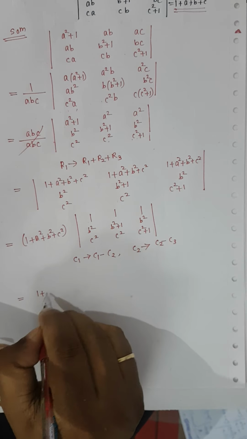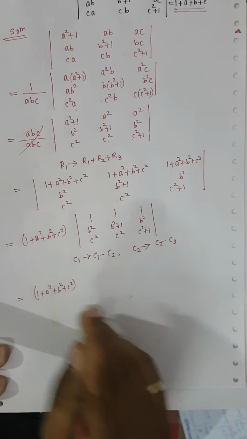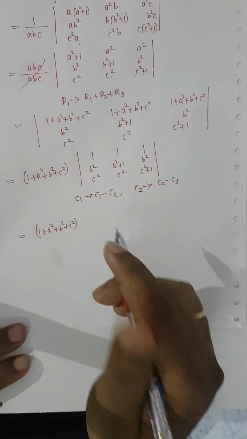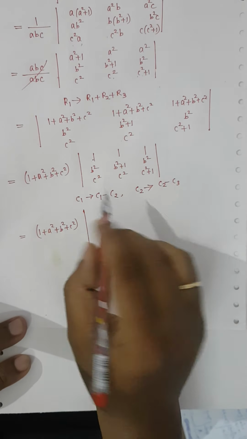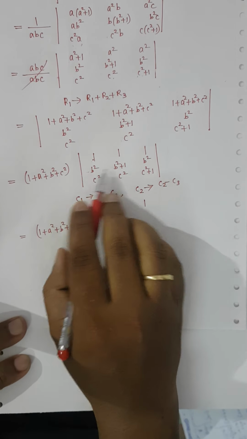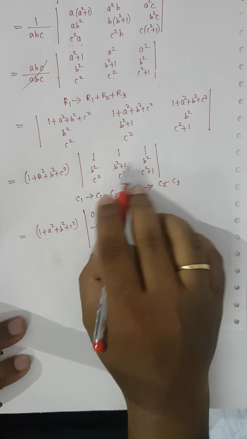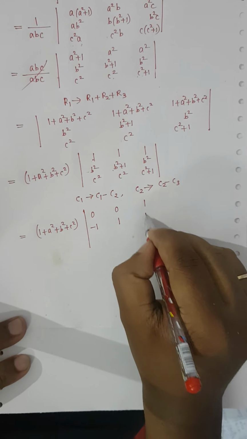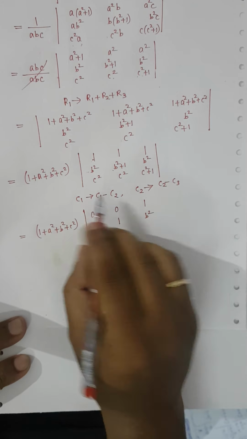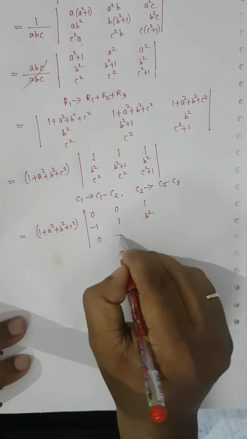So I am getting 1 plus a square plus b square plus c square multiplied by the determinant: 1 minus 1, 0; b square minus b square plus 1, which is minus 1, and b square plus 1 minus b square, which is 1; c square minus c square, which is 0, and c square minus c square plus 1, which is 1.